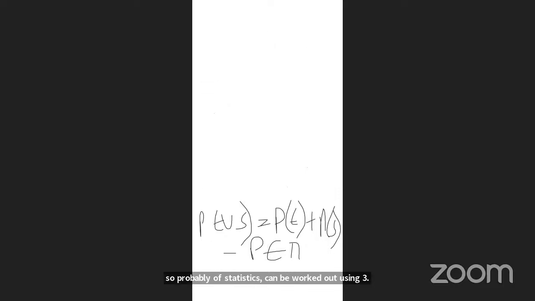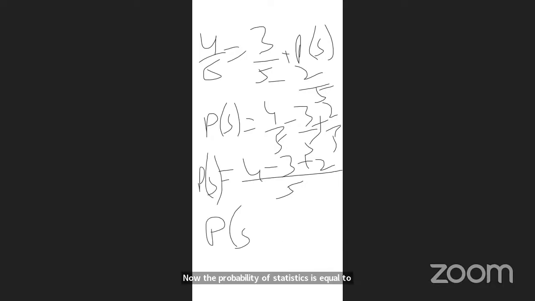The probability of passing in statistics is 3 by 5. So using the formula, we can work it out like this. This is the formula which we have to take into account. Now the probability of statistics is equal to 3 by 5.